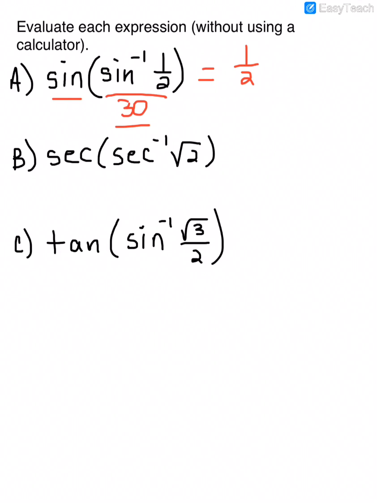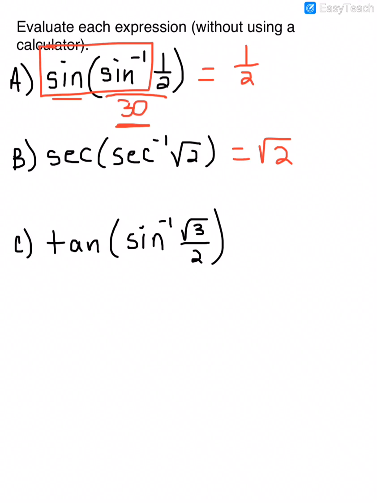So basically, anytime the inverse and the trig function on the outside are the same, it basically cancels out and it's just going to be whatever that value is. So secant of secant inverse of square root of 2 would just be square root of 2.